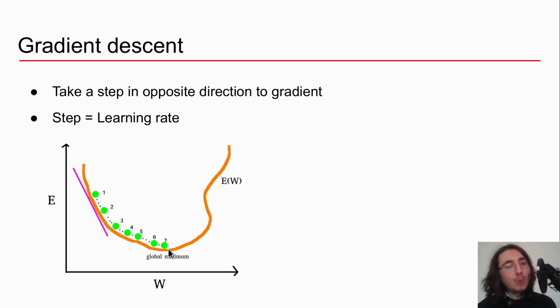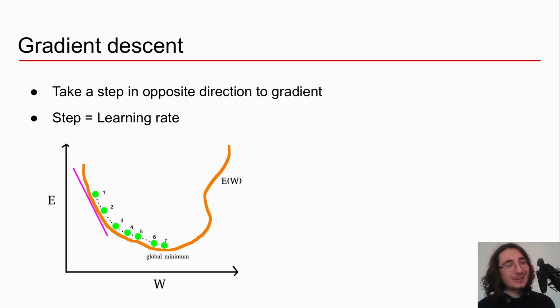This is the whole point of training. We want to tweak the weights in such a way that we get the minimum possible error. And when we have the minimum possible error, it means that we have good predictions, because the predictions are quite similar to the actual, correct outputs.